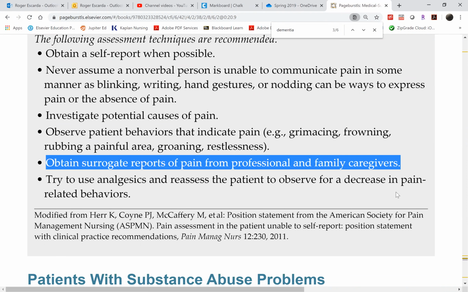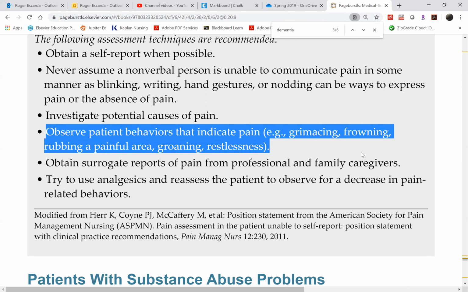That's exactly what this is saying. Since the caregivers, whether it's the family member or the patient's doctor or provider, know this patient best, can you obtain that information from them? Well, this says yes. That's an acceptable practice.